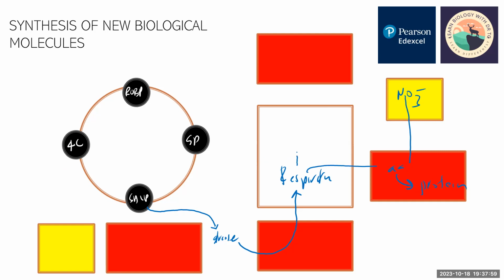And some of the intermediate products, like acetyl CoA, a 2 carbon compound from the link reaction, together with GP can produce fatty acids, and they form triglyceride, a lipid.